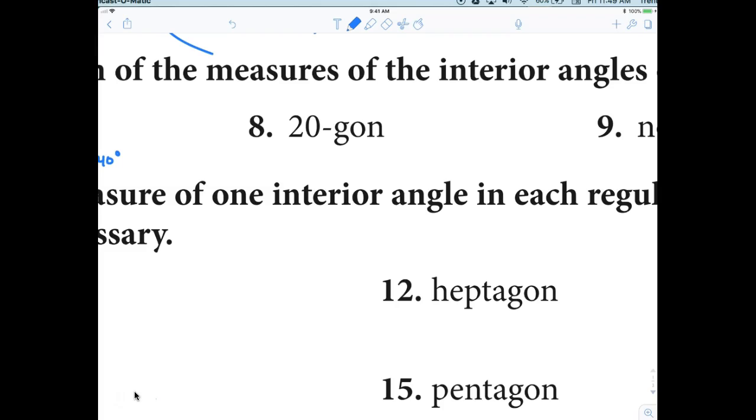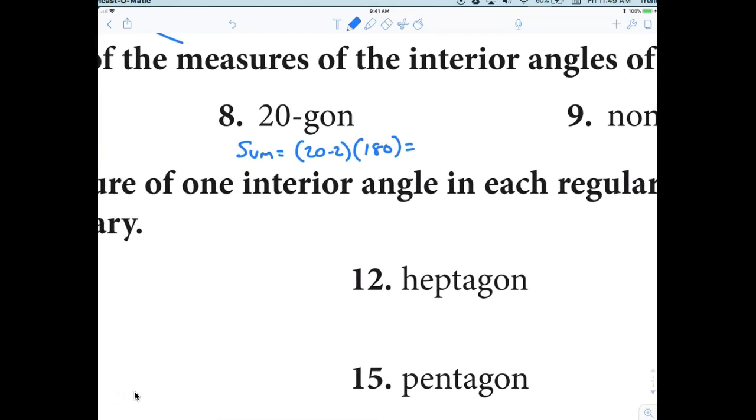So in this case, you're going to do n minus 2, which is 20 minus 2, times 180. I got 3,240 degrees.